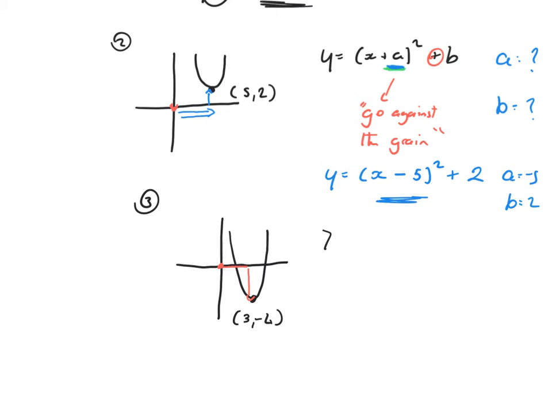And we're told that the parabola is of the form y equals (x plus a) all squared plus b. We need to identify a and b. Okay, so we've moved 3 units to the right, so 3 units in the positive horizontal direction, so that means that a is equal to minus 3.